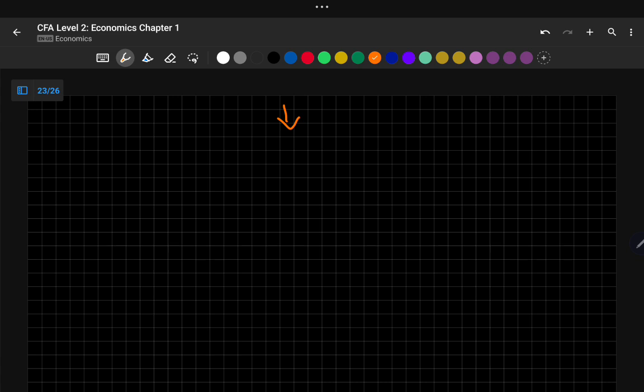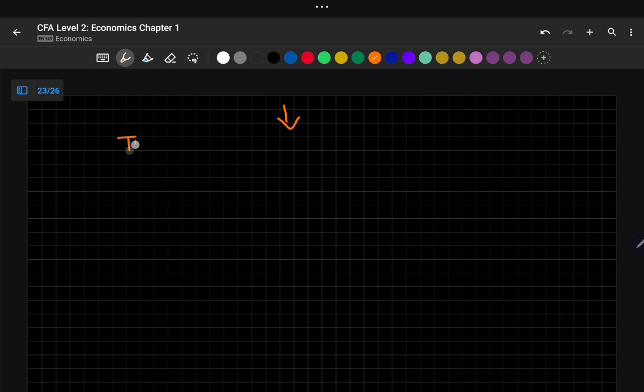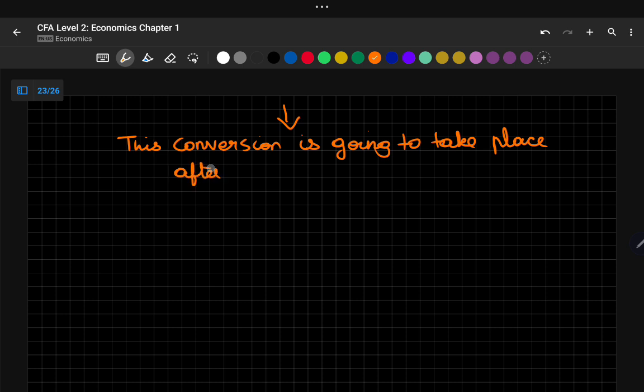What will happen? This conversion is going to happen 1 year from now, after 1 year, that is the investment period.